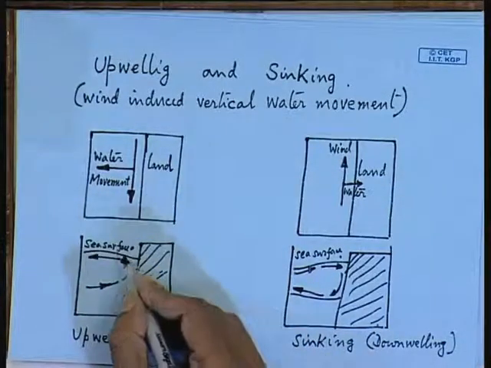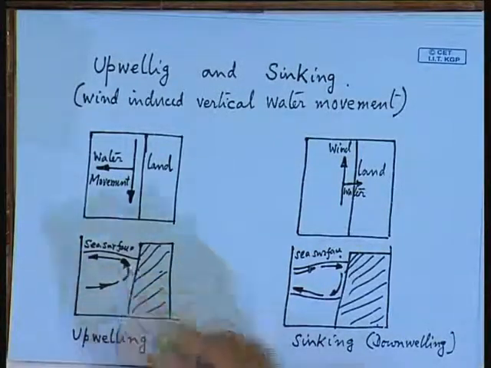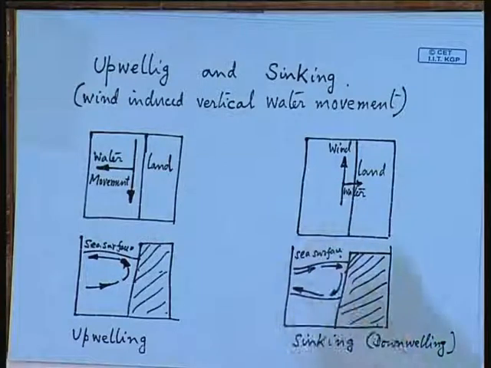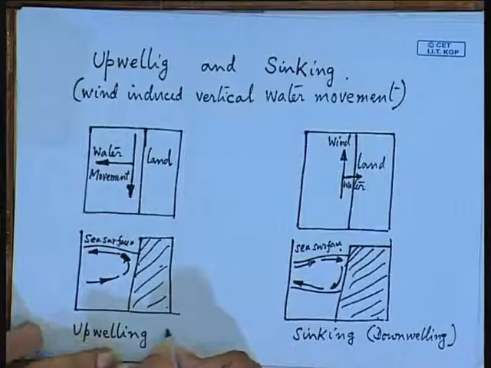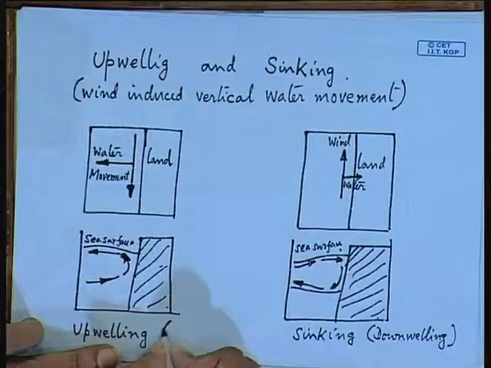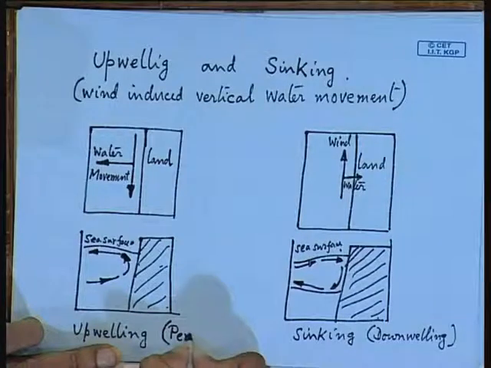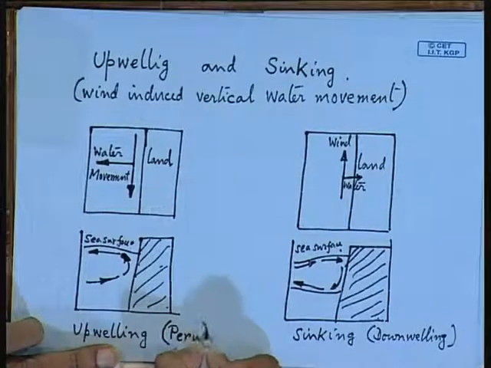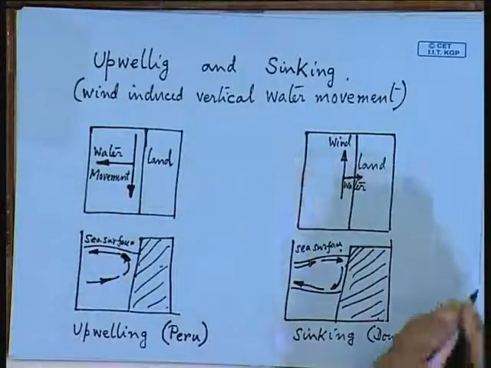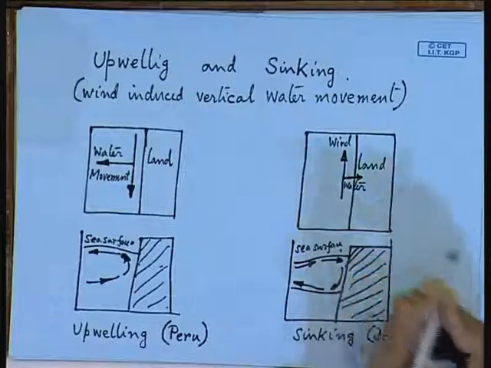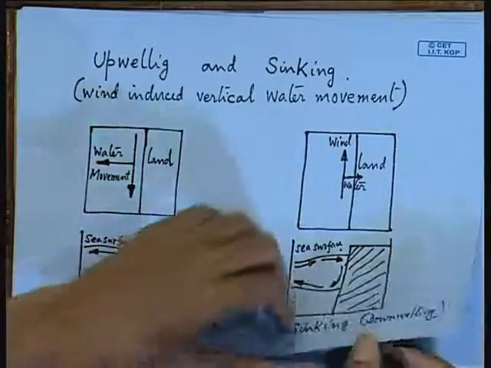So fishes cannot come up to the surface, have their own feed and then go back. In this case the opposite is happening. Now this upwelling actually takes place to a large extent in the Peru coast, where you can have fishing grounds. So oceanography is also required for fisheries. That is one of the reasons.